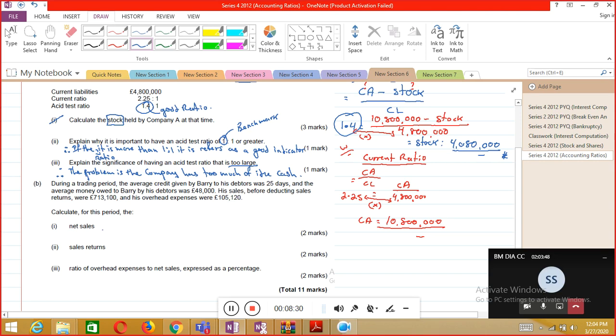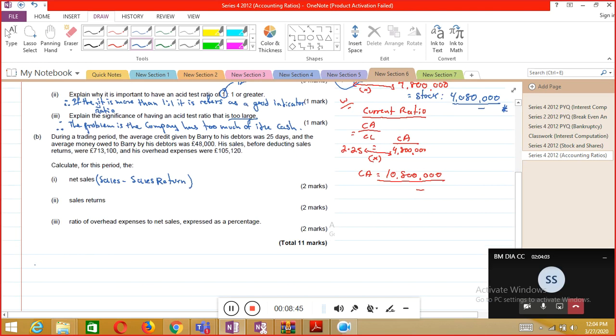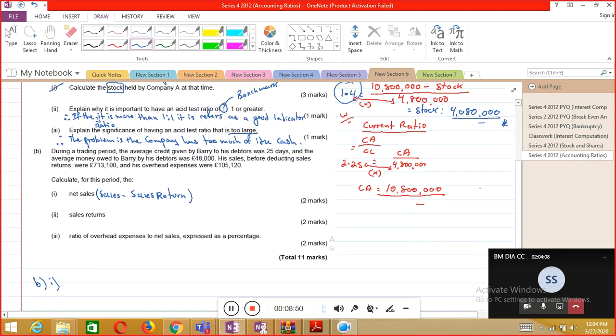So calculate the net sales. The formula for net sales is sales minus sales return. So, part number 1. Let's jump into the working.